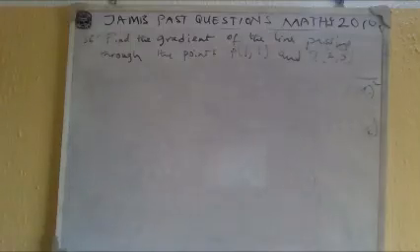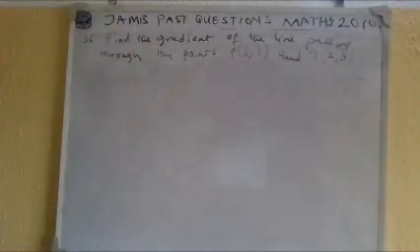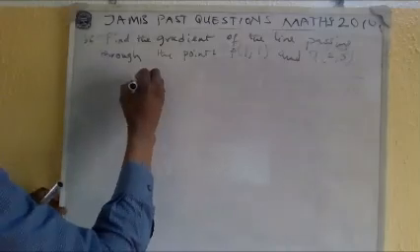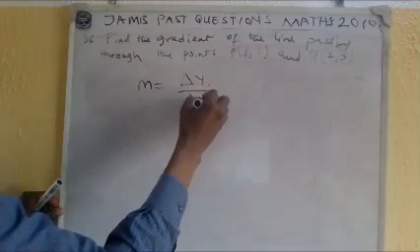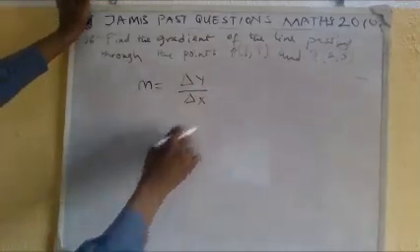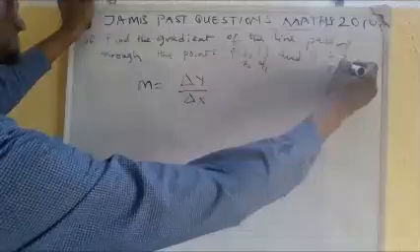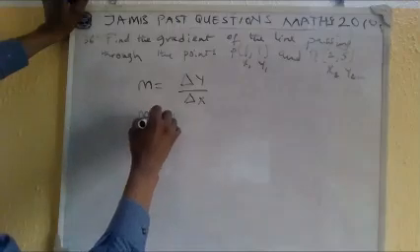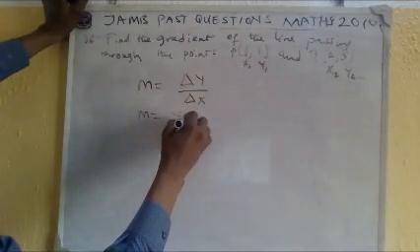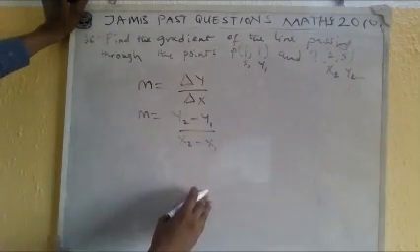Again, the formula for gradient passing through these points. Formula for gradient: gradient M is equal to change in Y over change in X. So from here now, this is X1, Y1. This is X2, Y2. That's on the question. So gradient is equal to change in Y, Y2 minus Y1, over X2 minus X1.